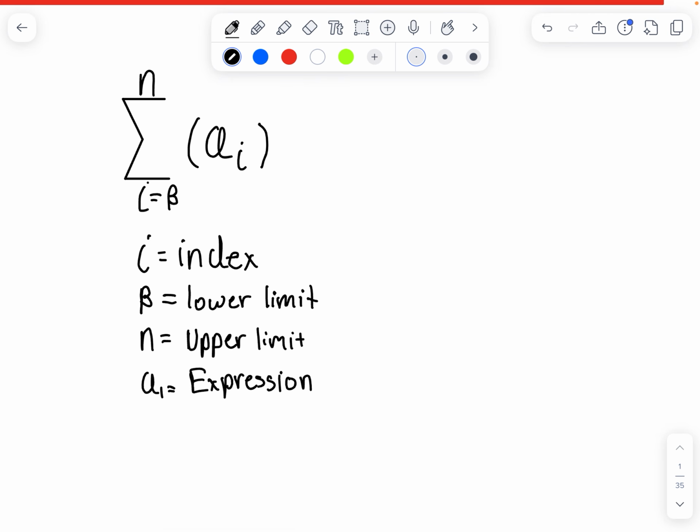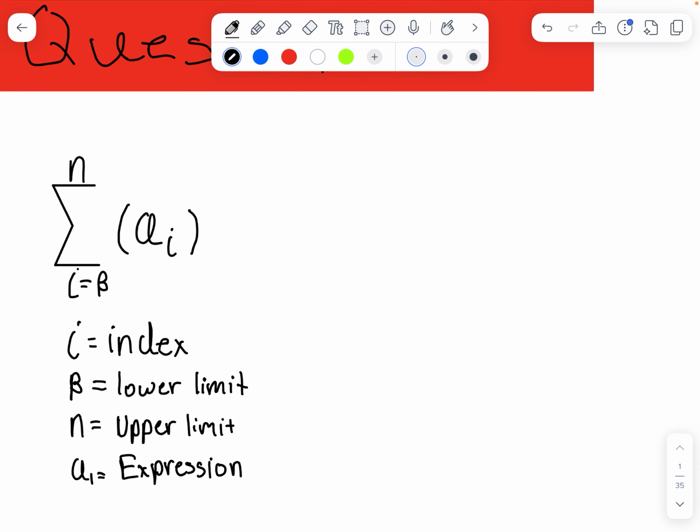Okay, now that we have that, the next thing we have to do is know what the formula is.